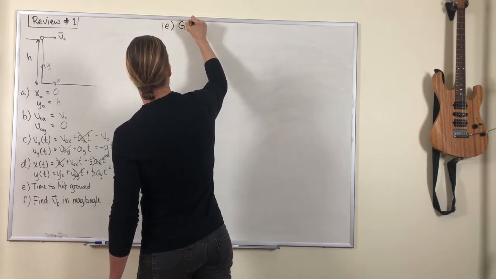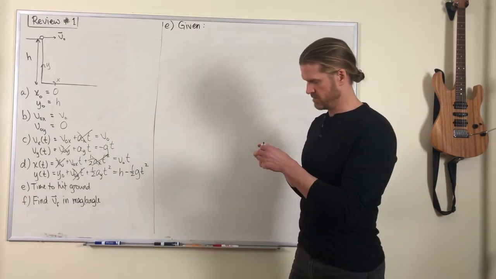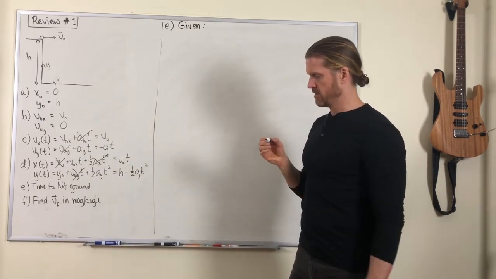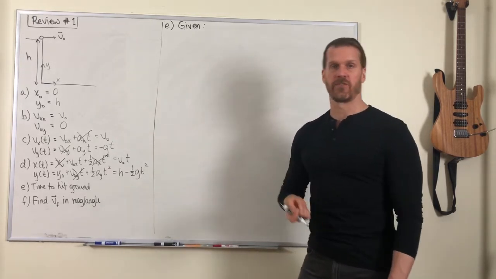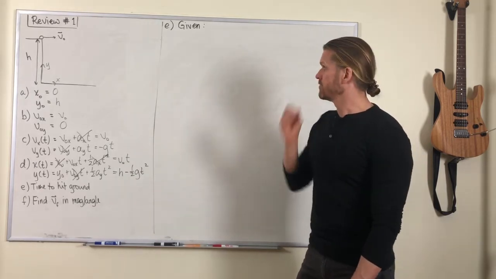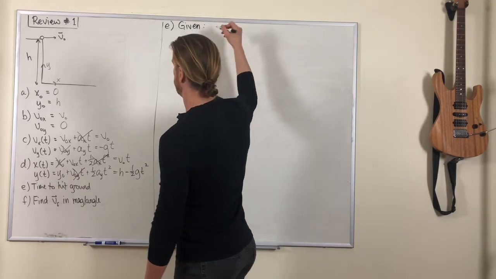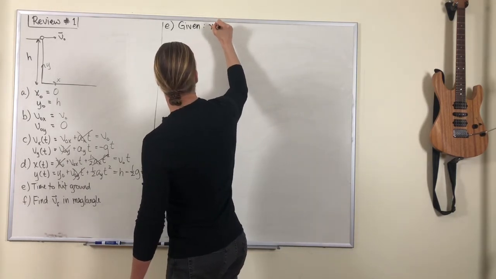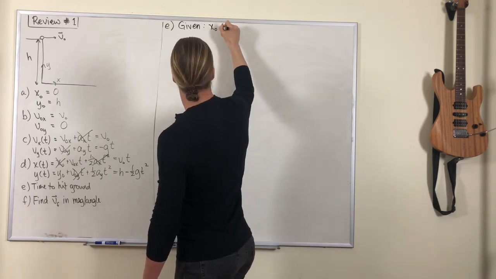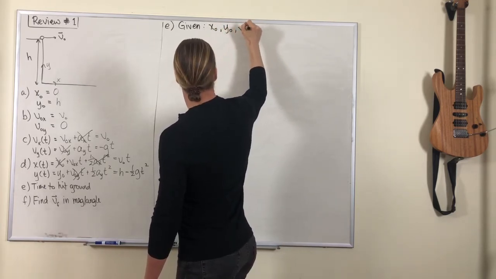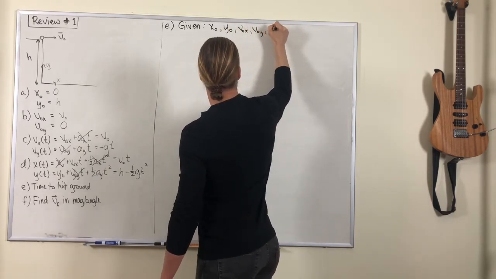Remember, our procedure was to write down the quantities that we know and write down the quantities we're trying to find, then select the appropriate equation to use. Okay, so we are given x0, y0, v0x, v0y.